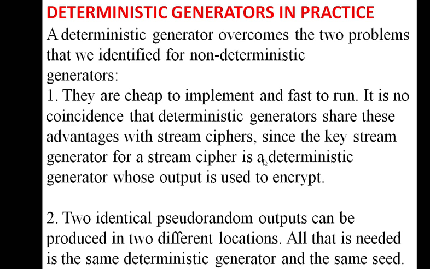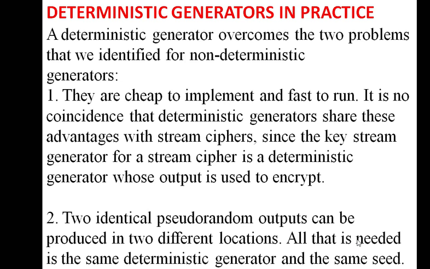And in practice, they are cheap to implement and fast to run. It is no coincidence that deterministic generators share their advantages with stream ciphers, since the key stream generator for a stream cipher is a deterministic generator, and two identical pseudo-random outputs can be produced in different locations.